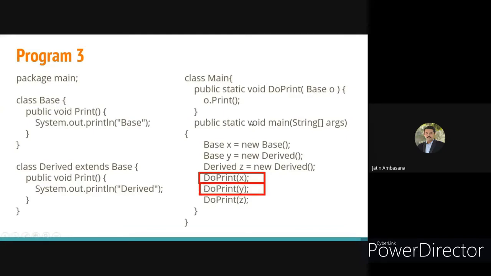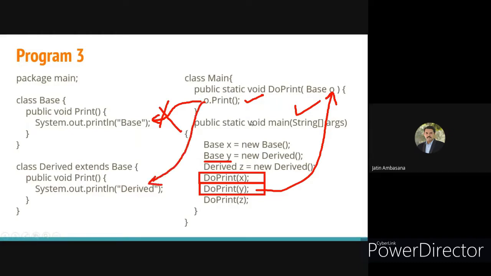What is y? y is of type base, so yes, this will work. But the object is of type derived. So when you call this o.print, it doesn't go over here. That o.print goes over here and it prints derived, right?